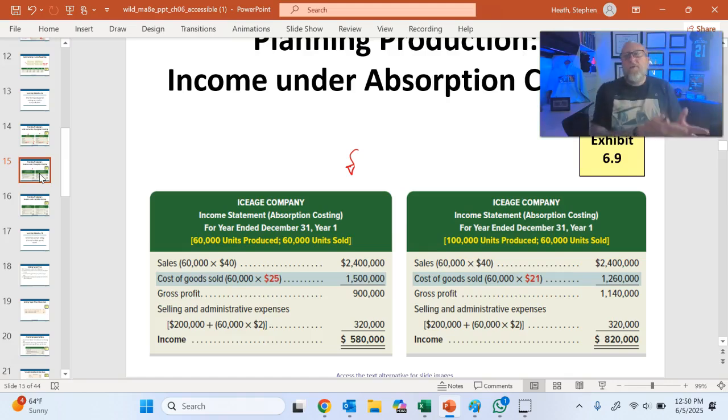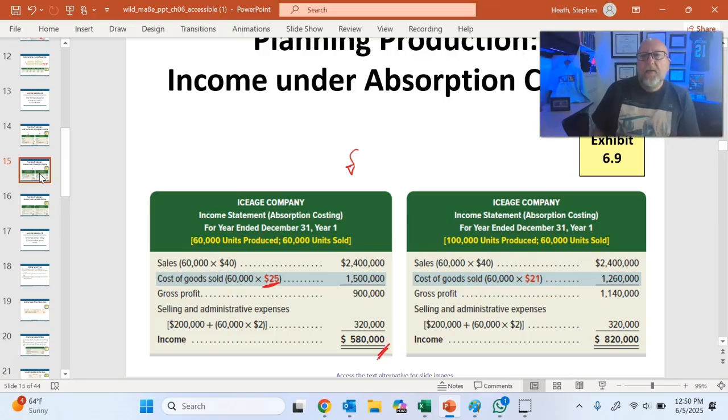So again, we're producing 60,000 and selling 60,000 in one example. And in that example, remember our per unit cost is $25, at least for product costs. And therefore, if I were to sell 60,000 units and I'm going to sell them for $40 a unit, yada, yada, yada, I'm going to earn income of 580,000.